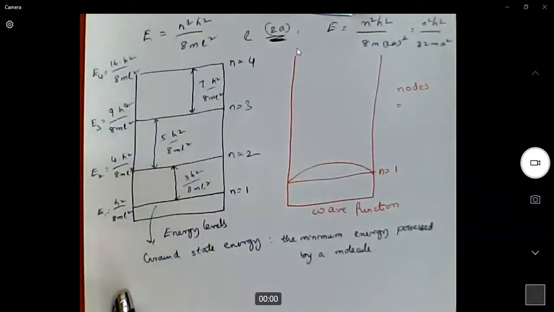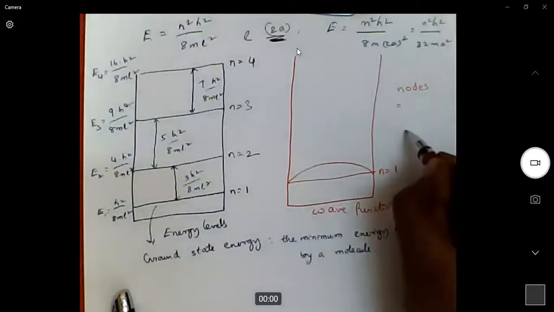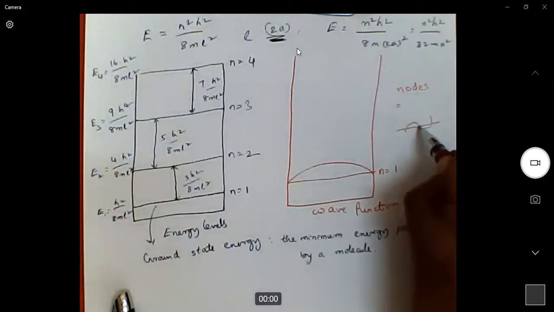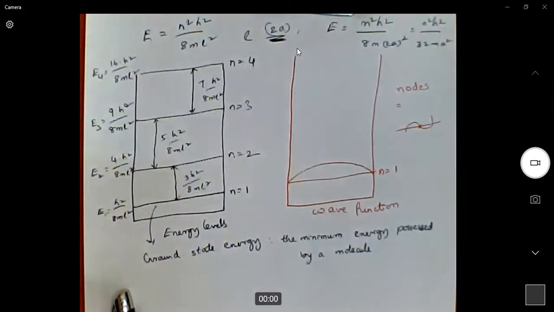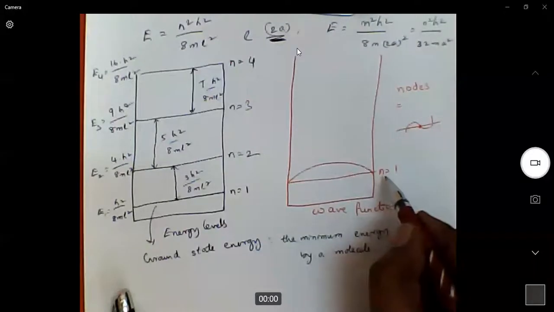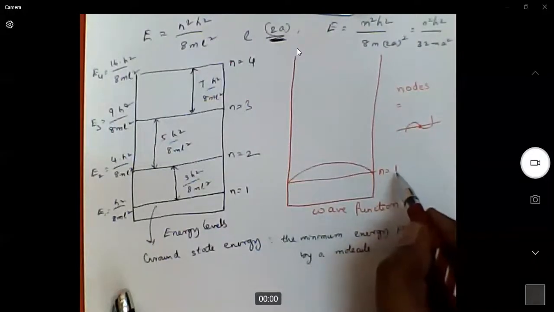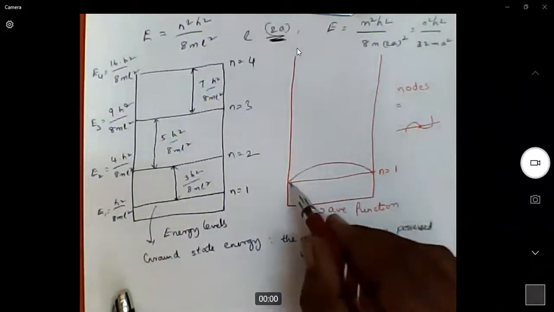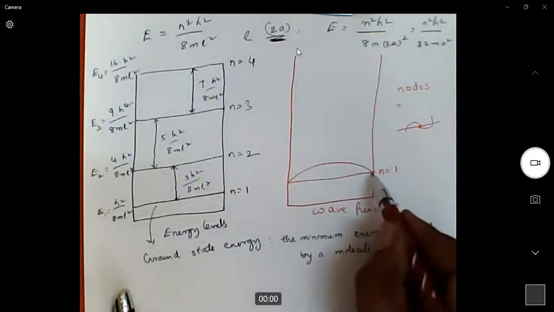In waves, you will have a node like this. This is the nodal point, right? What is the nodal point? If the amplitude of the wave is 0, then it is called a nodal point. Similarly, here also when n is equal to 1, there are no nodes. So the wave function will be like this.